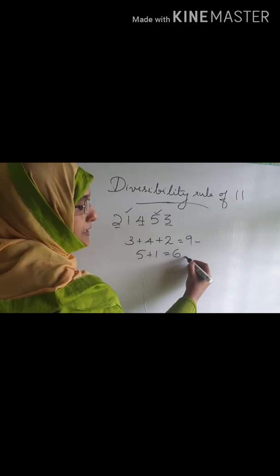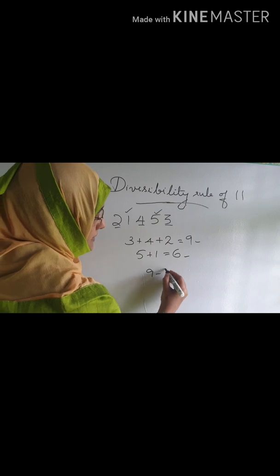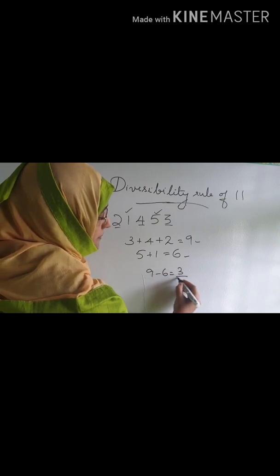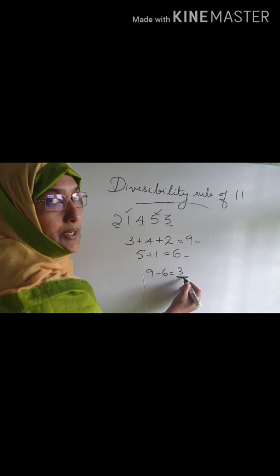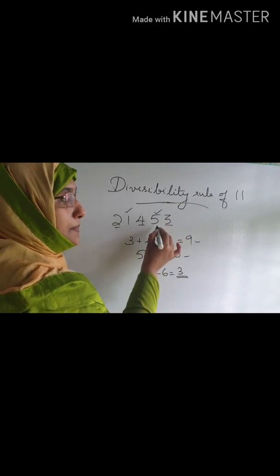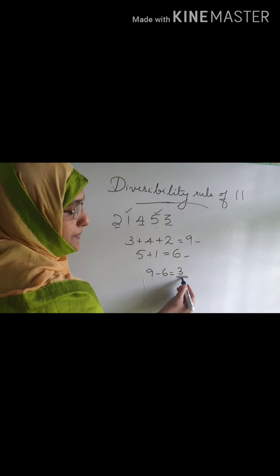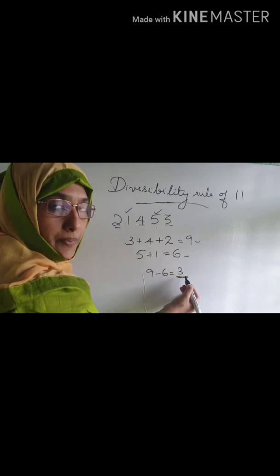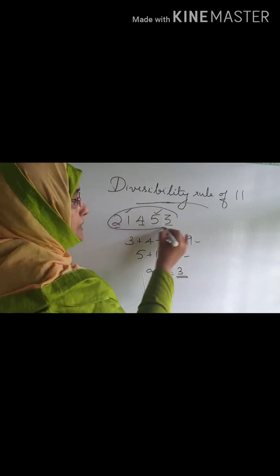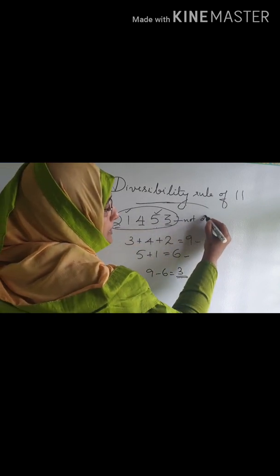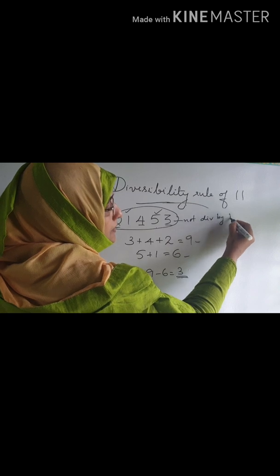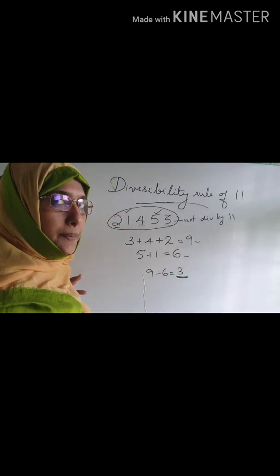Find the difference between these two. 9 minus 6, that is 3. So what you studied: if the answer is either 0 or a multiple of 11, then the given number will be divisible by 11. Here it is 3. It is not 0 nor a multiple of 11. So this number, 21,453, is not divisible by 11.